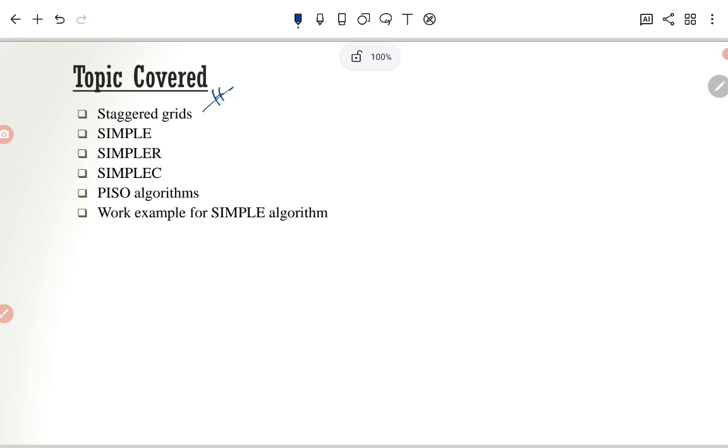We'll look at that, and then we look at the SIMPLE algorithm. SIMPLE stands for Semi-Implicit Method for Pressure-Linked Equations. Okay, this one is the SIMPLE algorithm, and then there is an extension of the SIMPLE algorithm.